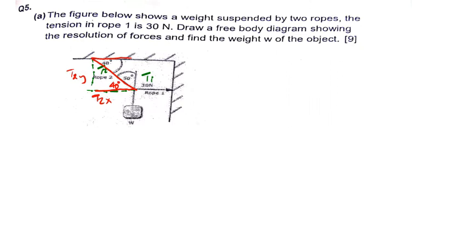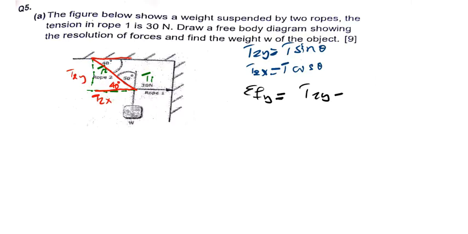So using SOHCAHTOA, T2y is T sine theta, T2x is T cos theta. Now let us first, we are trying to find W, and W is in y. So the summation of all the forces in y direction, we have got T2y pointing upward minus W which is pointing downward.